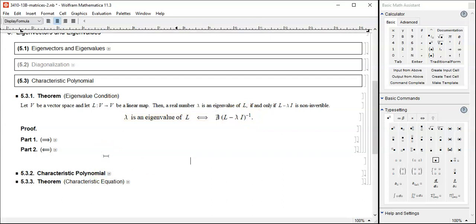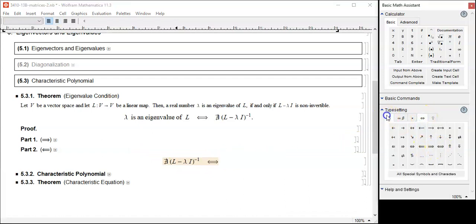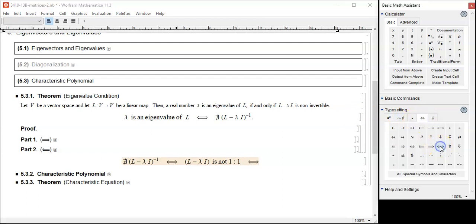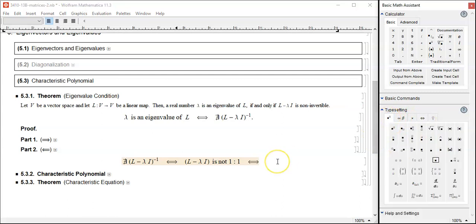So let's start from here. What do you mean by that? Non-invertible. That means L minus lambda I is not one-to-one. It's not a one-to-one function. And in linear algebra, we established this: not one-to-one means the kernel is non-zero.